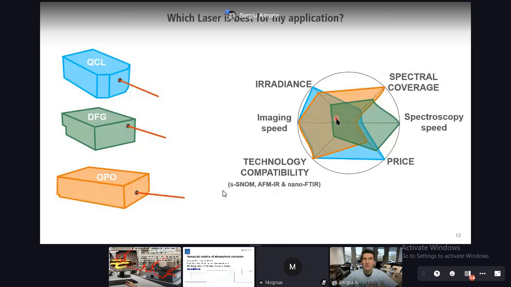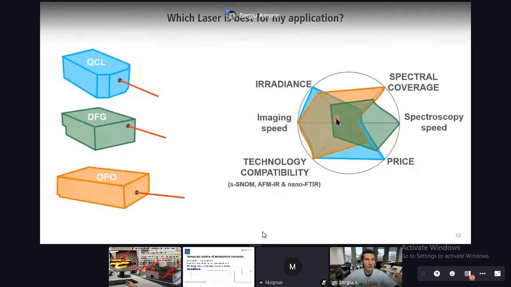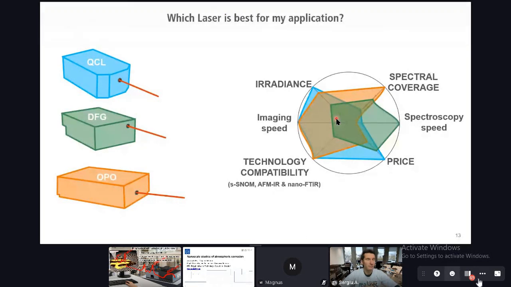Sometimes the DFG is the better option for some applications or samples. Sometimes it is the QCL laser. And of course, even if the new OPO laser seems a much better choice, the price might always make the proposal that you are submitting more difficult. For that reason, I would not exclude any lasers from the discussion.